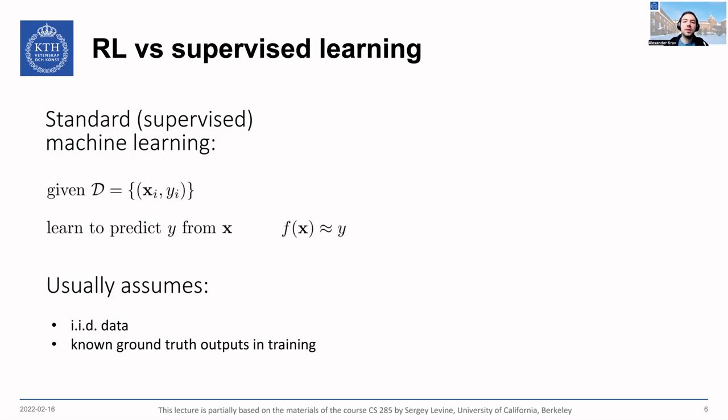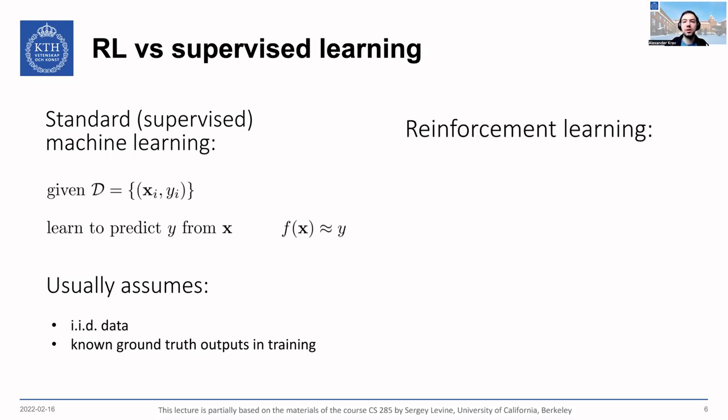But then we don't have any guidance from the real world. In unsupervised learning, we have the internal guidance of how models should arrange the data. But in reinforcement learning, we actually do have some guidance, but we avoid requiring ground truth, which is very nice.